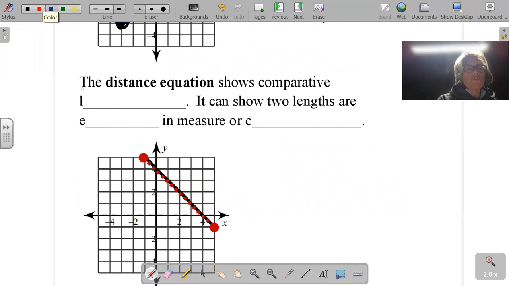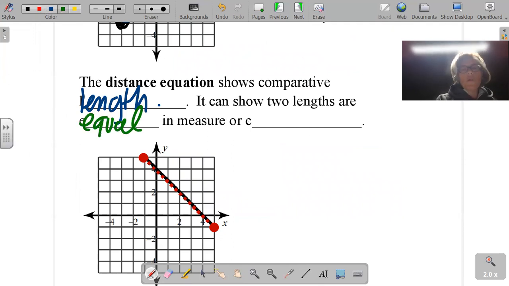Distance shows comparative lengths. It can show that two lengths are equal in measure or congruent.